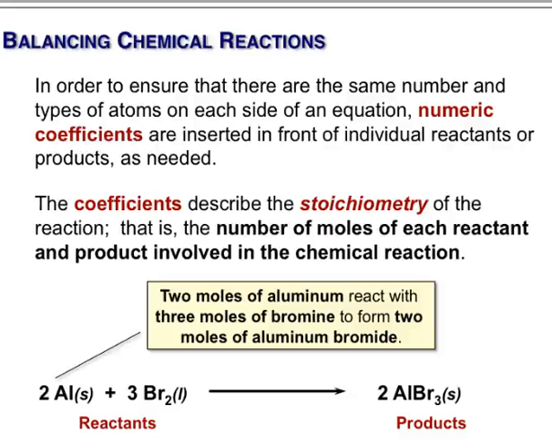Instead of simply talking about this in terms of atoms, we can also talk about this using the mole concept. We can read this equation simply as saying 2 moles of aluminum will react with 3 moles of bromine to give us 2 moles of aluminum bromide.